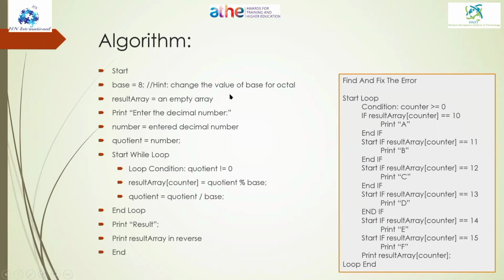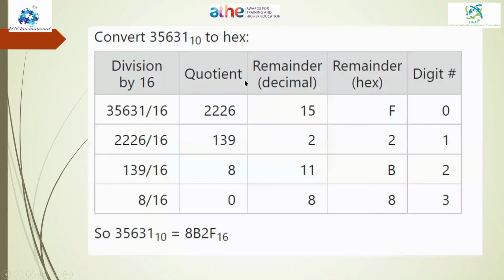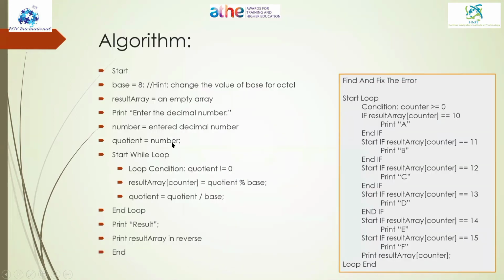Then we prompt the user to enter a decimal number, and whatever the user enters, we store it in another variable called number. We have a quotient, which is required to store the result of the division, whatever is remaining, so as to divide it again by the base number.